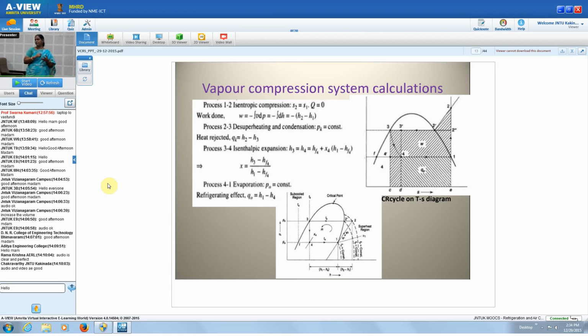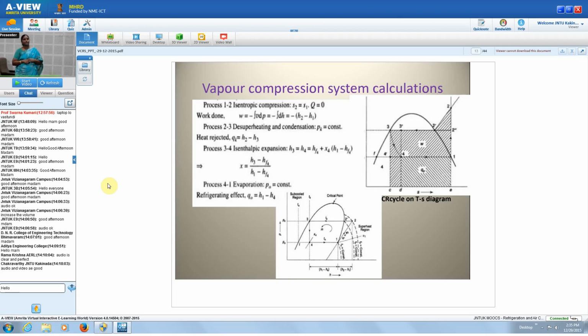Okay, hf plus x into hfg, or hg minus hf. So with that you can find out enthalpy at 1 and also enthalpy at 2. And enthalpy at 3 is the liquid enthalpy at the given temperature or otherwise pressure. So H3 is equal to H4.